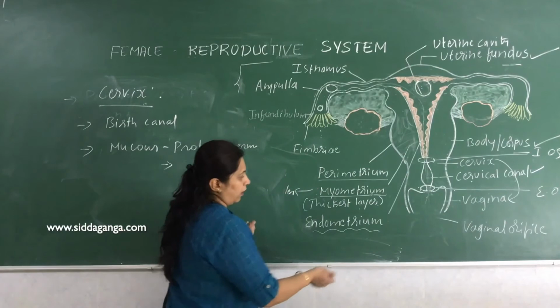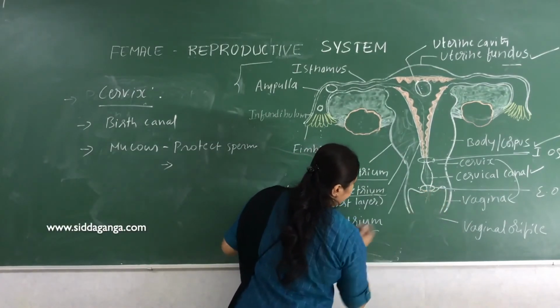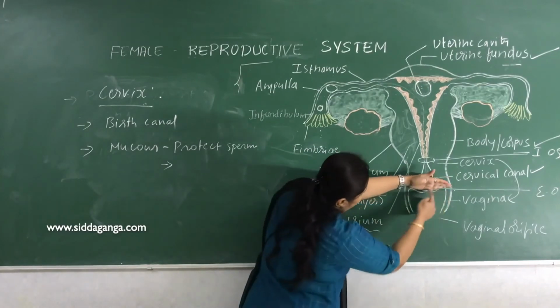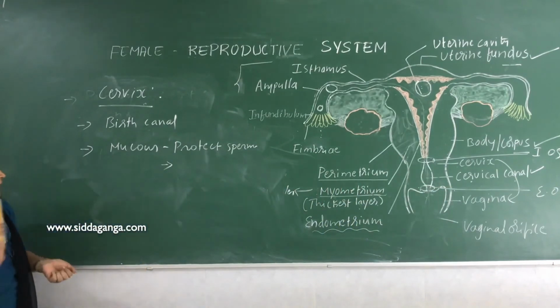Then the next part of the female reproductive system is called the vagina. What is it called? Vagina.